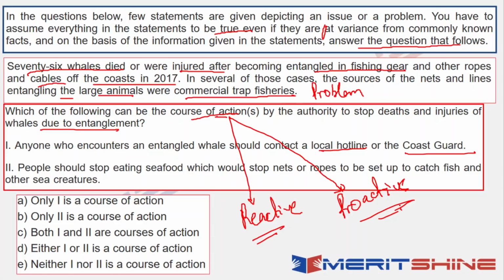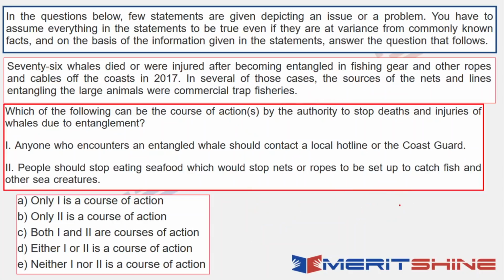If there is flood, having a dam to control the water is proactive action because it works in the long term. Now, a lot of students here get confused by the fact that anything that seems to be solving the problem, even by ways which might not be good, also comes to their mind as a course of action. But that should not be the case. Some actions can be taken, some actions cannot be taken. How do we know?